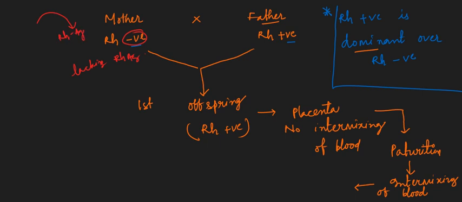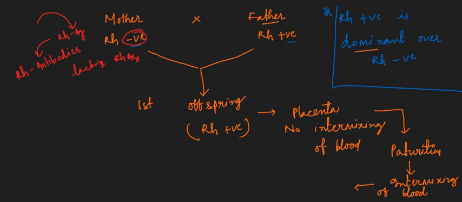It means the mother is getting Rh positive antigens. Fine, Rh antigens. So with time, the mother will develop Rh antibodies. Why? Because antibodies form in response to the antigen. We all know that. So when the mother gets the Rh antigen, she will form the Rh antibody in response to it.